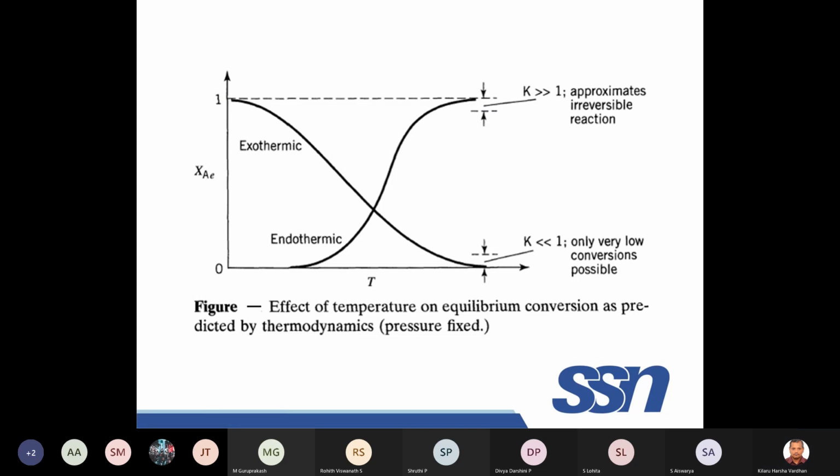But if K is very much less than 1, then very low conversion is possible, because you can see here the equilibrium conversion is very low. So this is the important thing which you need to remember. With temperature, the equilibrium conversion will decrease for exothermic and increase for endothermic.